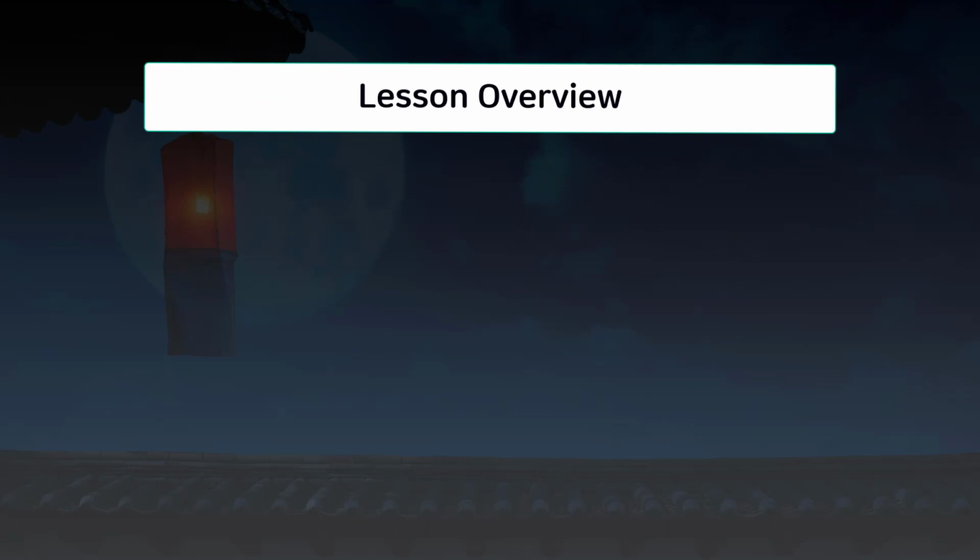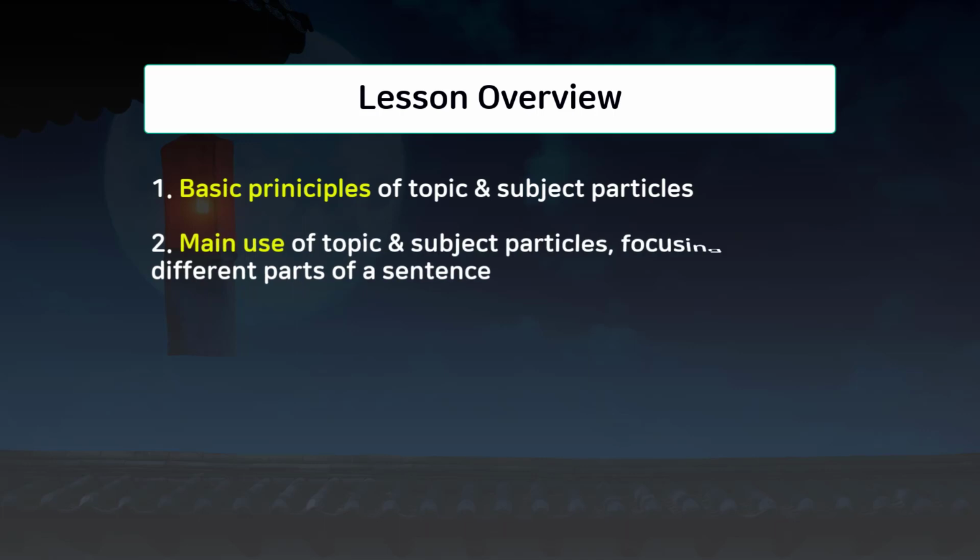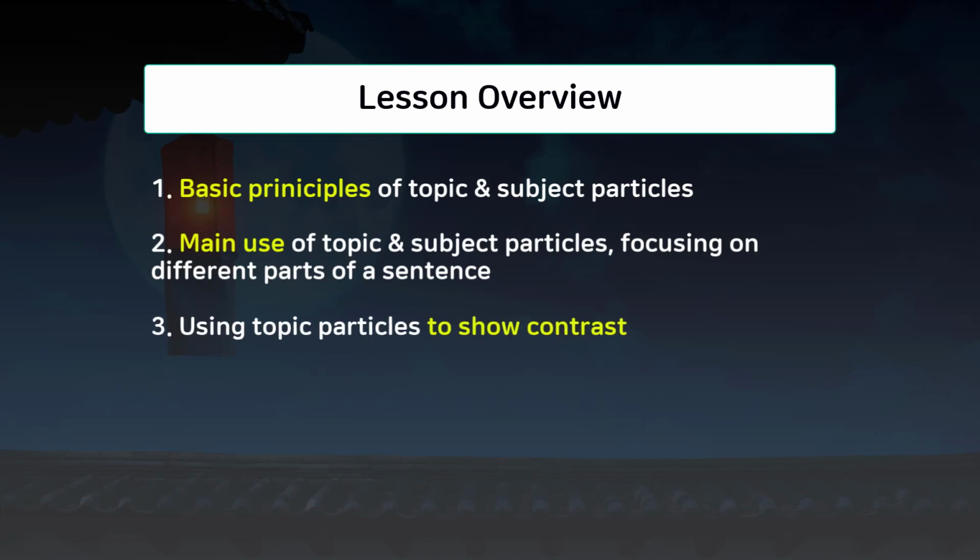And to give you a brief overview of how this video is structured, we'll first look at the basic principles of topic and subject particles and how they are added to nouns. Then we'll look at the main way of using topic and subject particles, which is to focus on different parts of a sentence. After that, we'll look at how we use topic particles to show a contrast between things.